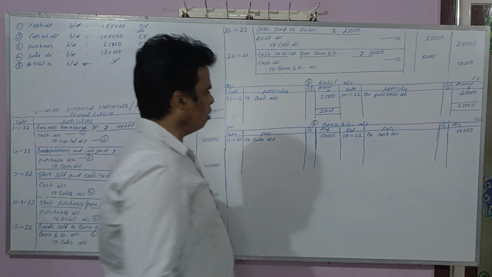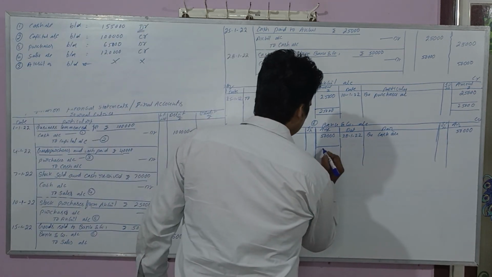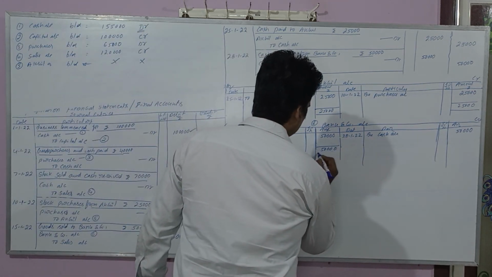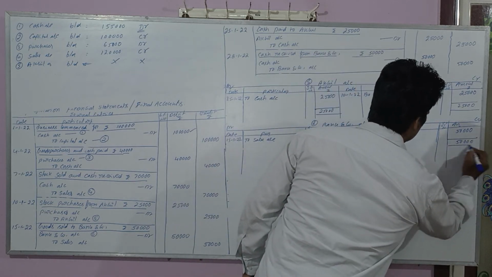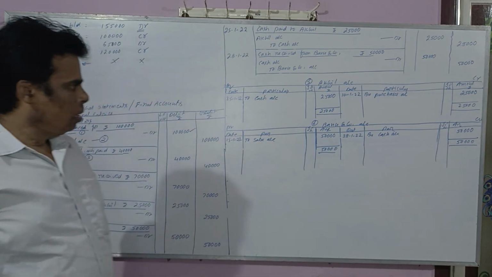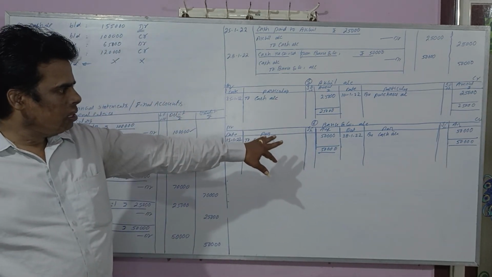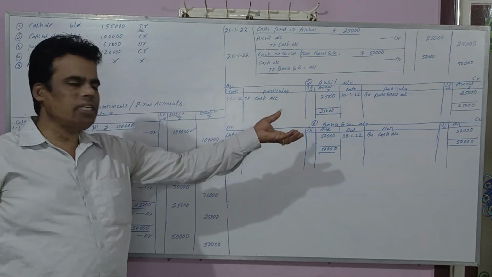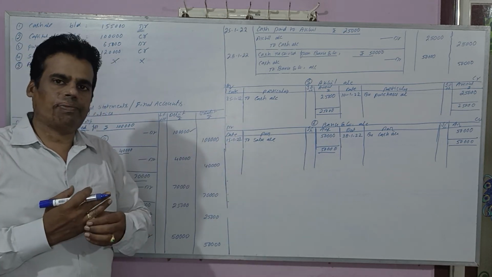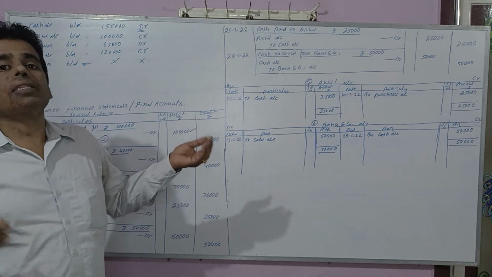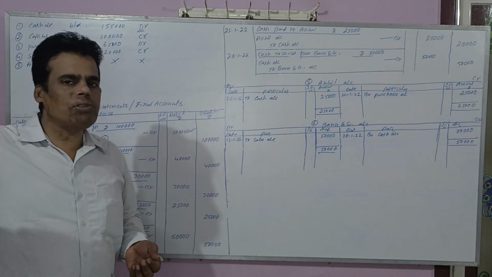After that, this is totaled. Then debit is 50,000 and credit is 50,000. There is no scope for difference amount. Debit and credit are equal. If any difference is there, that should be written as carried down and brought down.